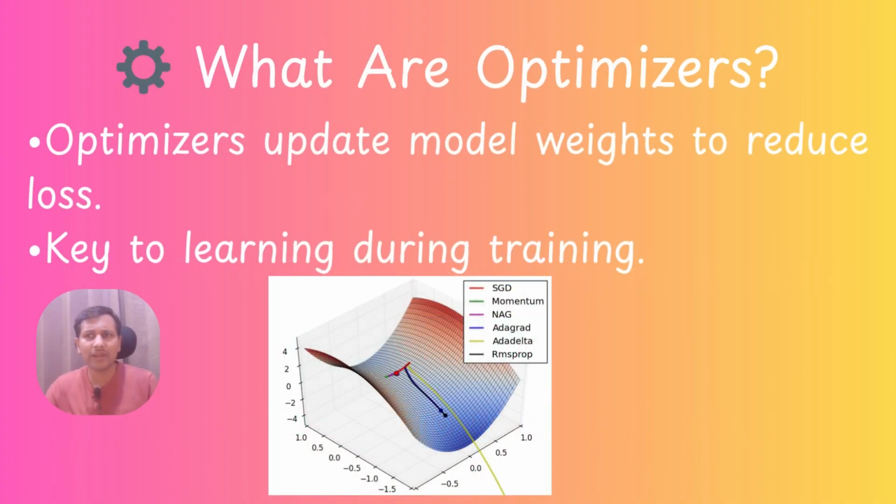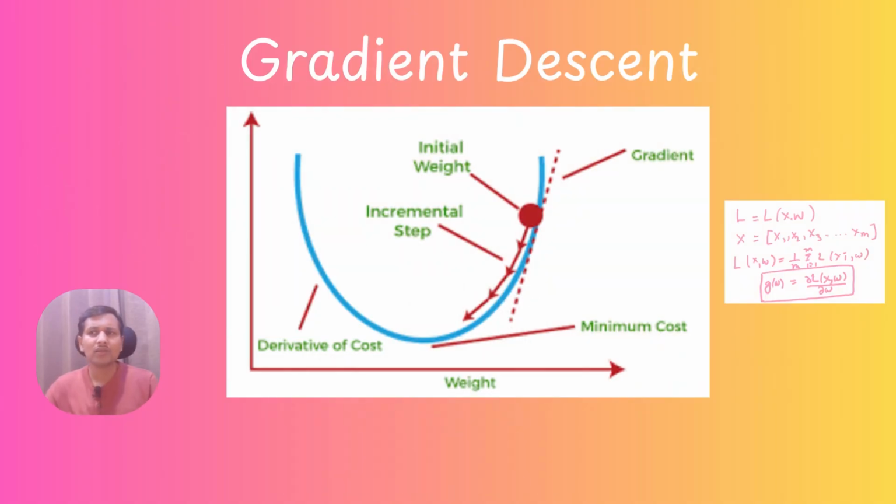So now let us talk about optimizers. Optimizers update model weights to reduce loss. It is key to learning during training. Let us talk about gradient descent. Suppose we have a loss function, or cost function, plotted against weight. L is a function of input and weight in the neural network.